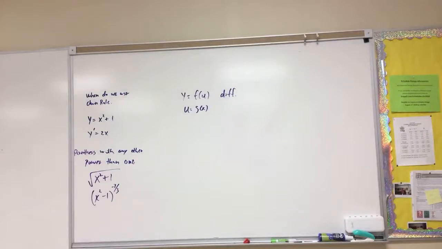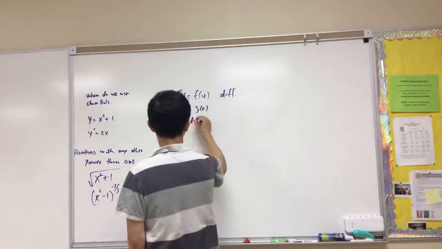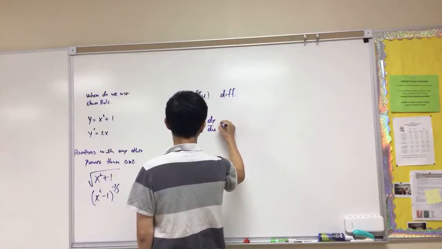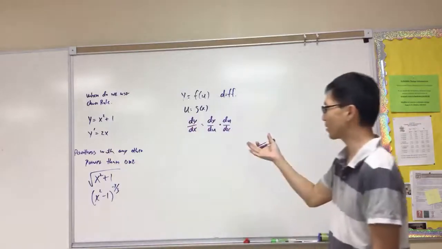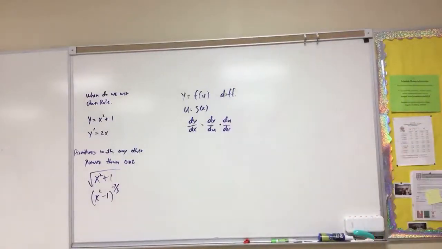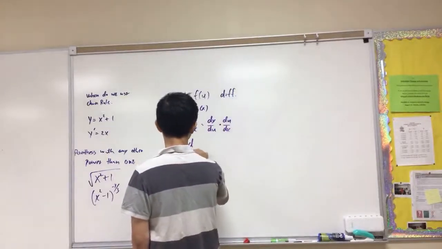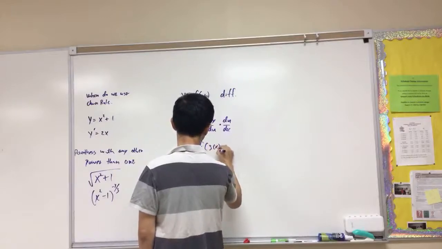The formal definition looks like this: dy/dx is equal to dy/du times du/dx. Now this is a really hard definition to think about, but for competition we use this sometimes. A better definition is determined by the composite function, so it'd be d/dx of f of g of x.